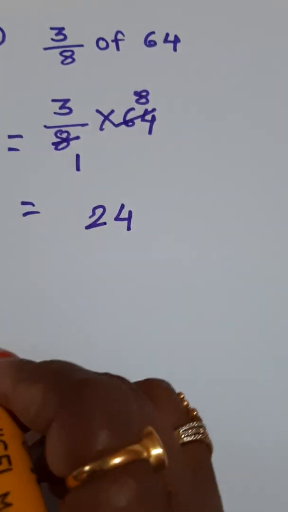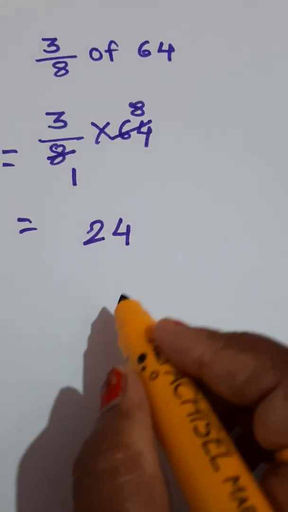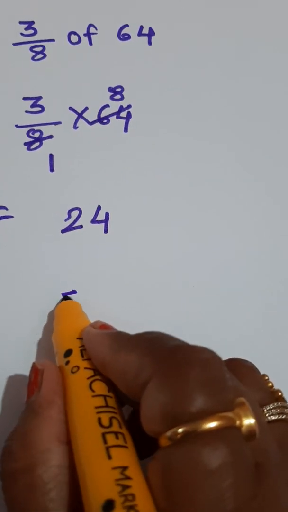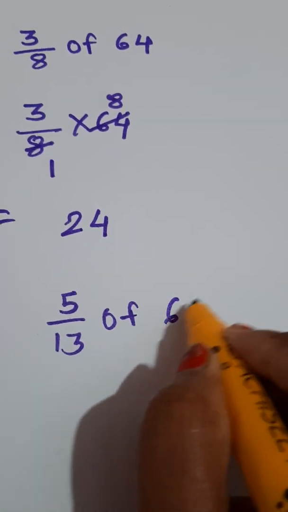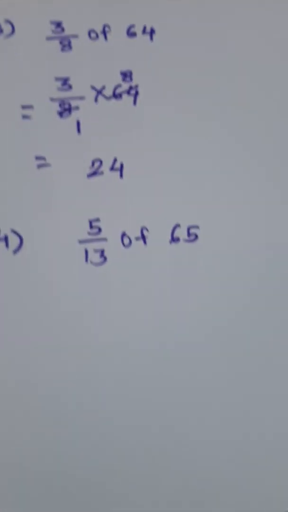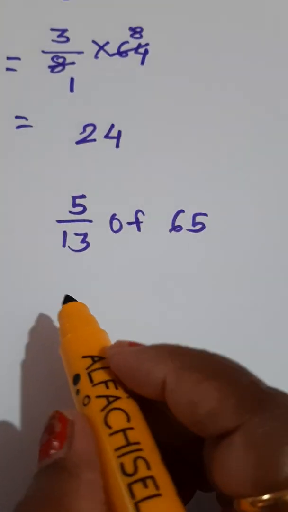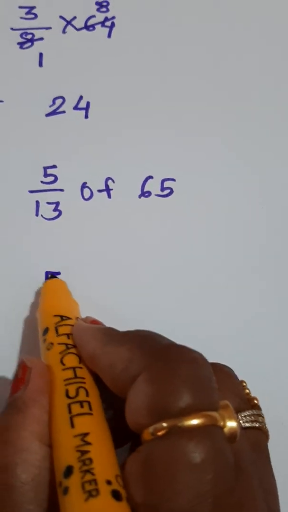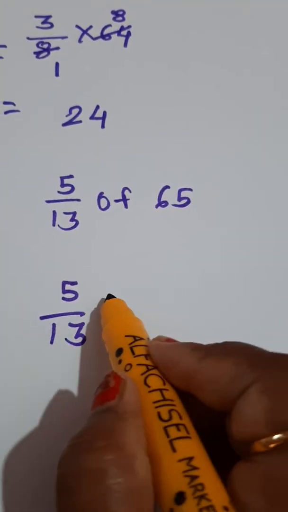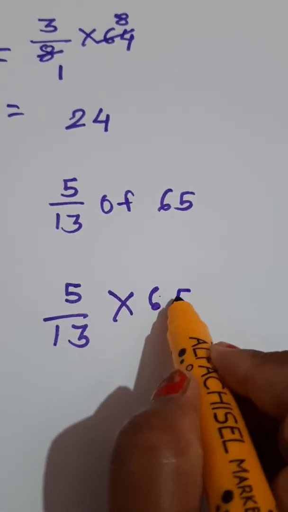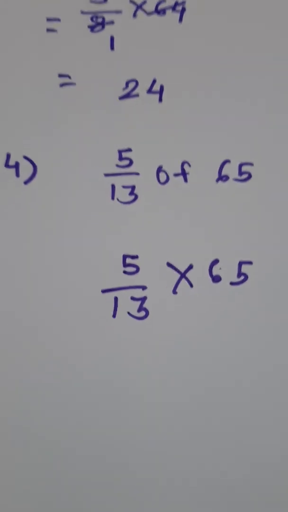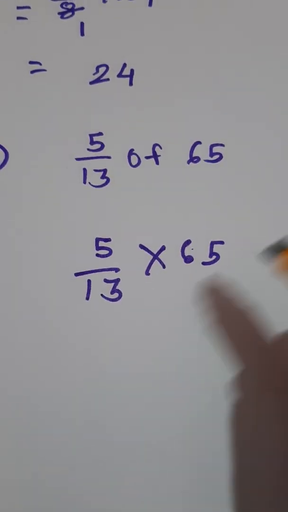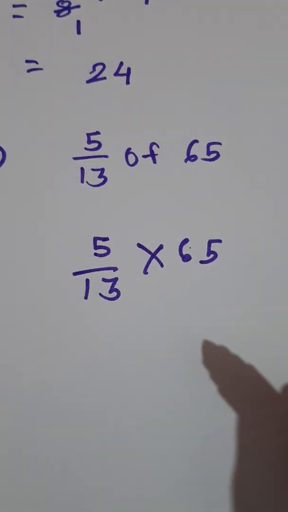And the last example from this problem set is 5/13 of 65. Very simple. By using the same way, you can solve 5/13 into 65. You have to learn the tables. If you learn the tables, you will find these calculations very simple.